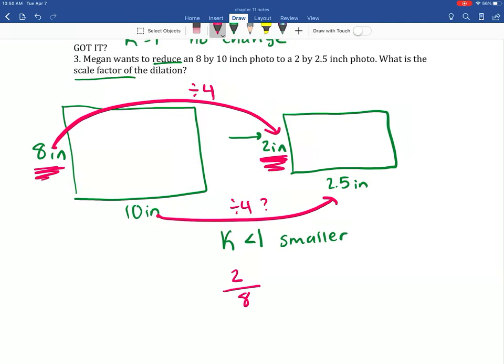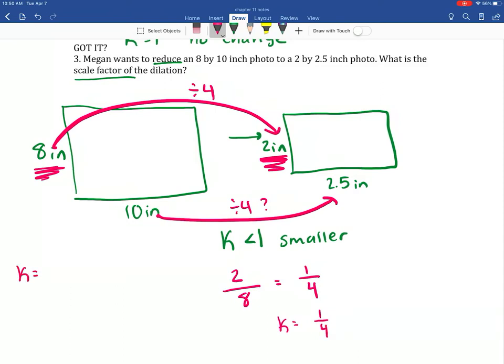We learned this back in chapter 5. 2 to 8, they're in the same position. That reduces to 1/4. I could say the image is 1/4 the size of the original. My k, therefore, is 1/4.